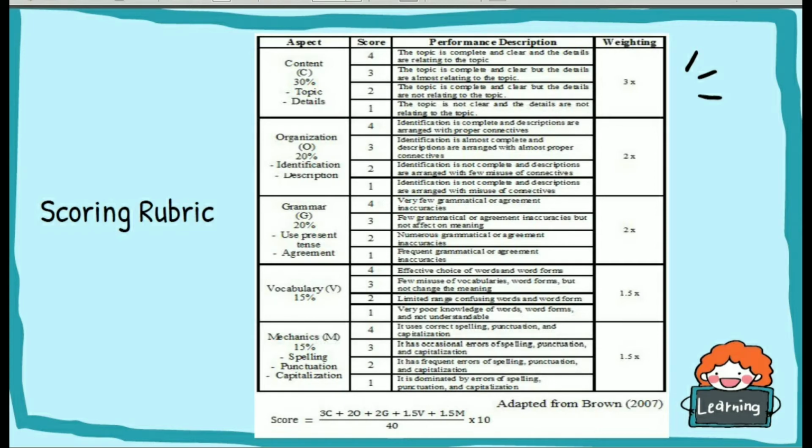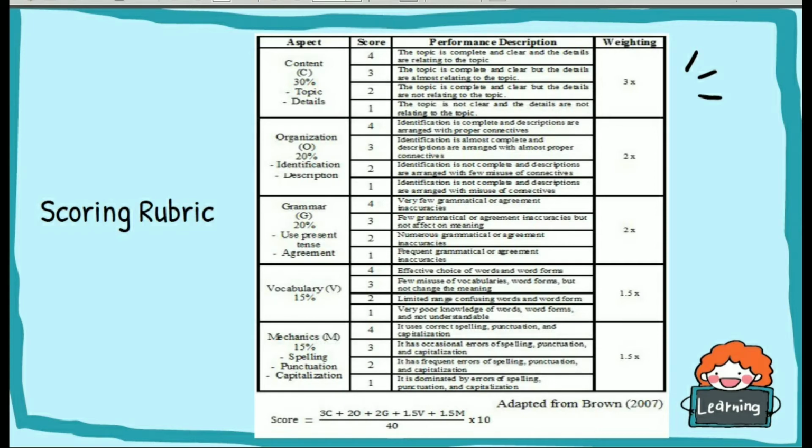Then for the organization aspect, score 4 and its performance description: the identification is complete and descriptions are arranged with proper connectives. For score 3, identification is almost complete and descriptions are arranged with almost proper connectives.